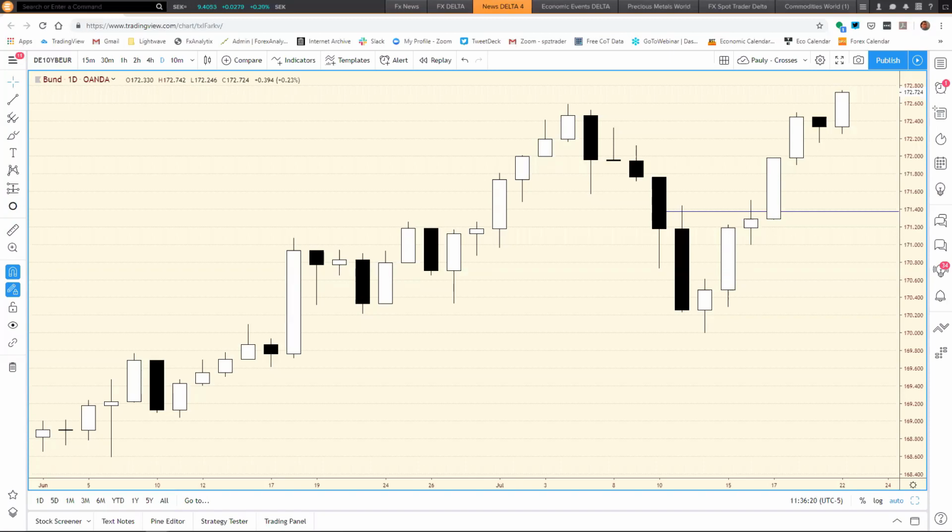But moving on with the ECB, the thought is, hey, how dovish are they going to be? And we'll see what happens. Let's go on and shift back into the main screen.